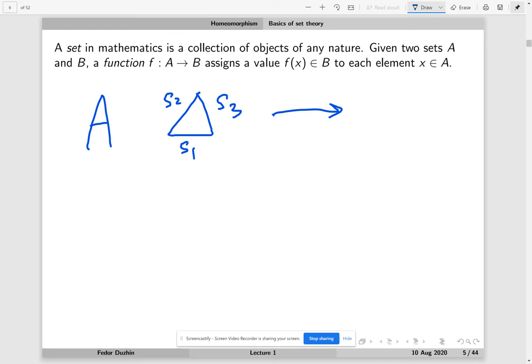And let us say we want to construct a function that assigns all the three values, S1, S2, and S3 to a triangle. Then it doesn't make sense because there are three different values. So it's not a function from the set of triangles to the set of real numbers.